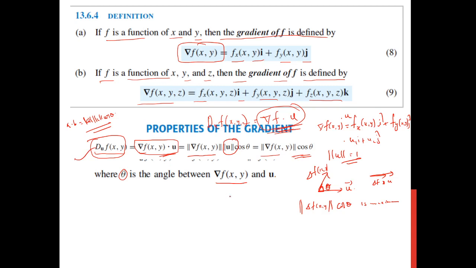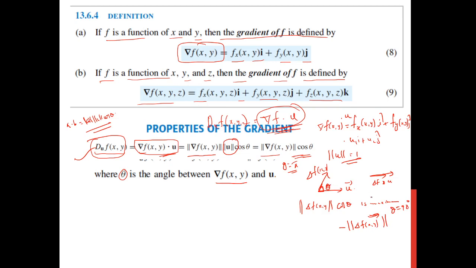Then when does the directional derivative have its minimum value? When cos theta is minimum, theta equal to 180 degrees, or pi. That means it has the value minus norm del f(x, y).